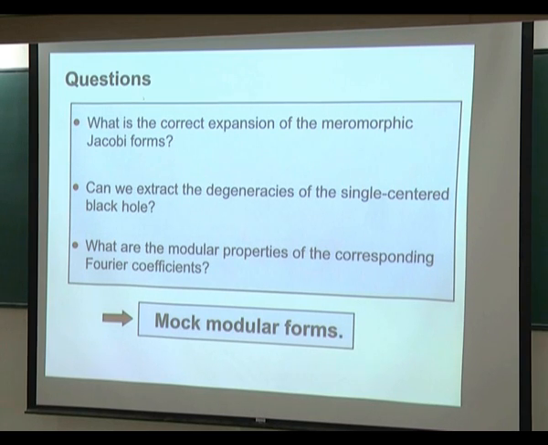Thank you. So the questions we set ourselves are the following. What is the correct expansion of the meromorphic Jacobi form? From this, can we somehow extract the degeneracies of the single-centered black hole? As we saw, you have some meromorphic Jacobi form that contains both the single-centered black hole as well as 2-centered black hole.